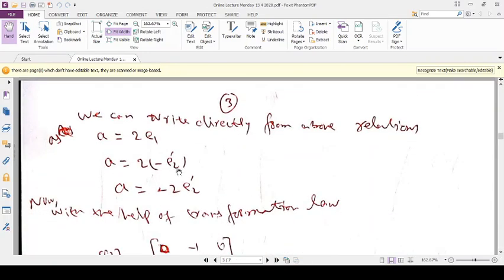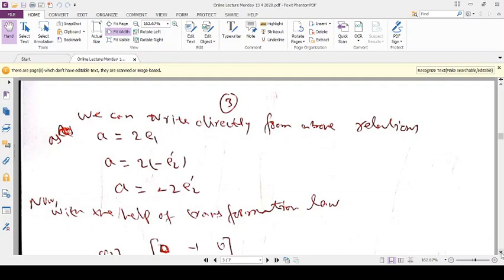So 2 into minus E2 dash, and we can write A is equal to minus 2 E2 dash. This is the vector A with respect to basis Ei, a linear combination of the Ei basis: 2E1 plus 0E2 plus 0E3. Now this is the vector A with respect to basis Ei dash: 0E1 dash minus 2E2 dash plus 0E3 dash.